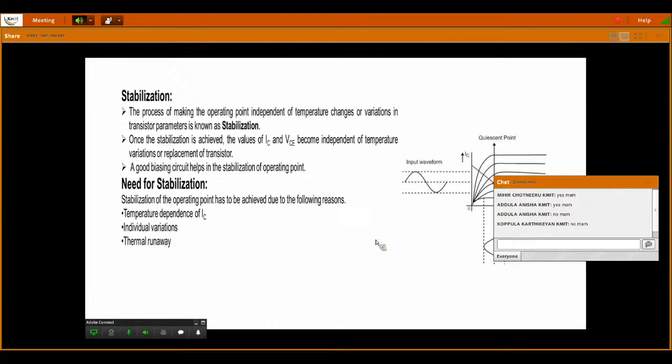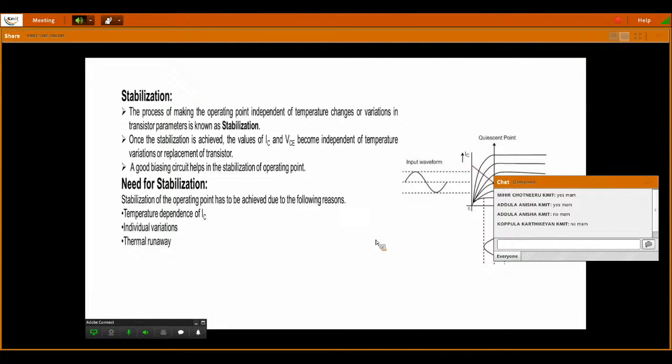Next, if I change parameters, like replacing the existing transistor with a new one of the same type, we know that no two devices have identical characteristics. So the operating point may shift from the center, and we get a distorted output, so that also we have to stabilize.